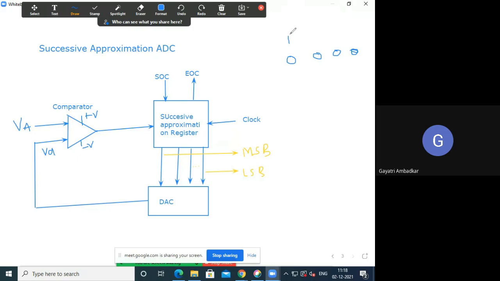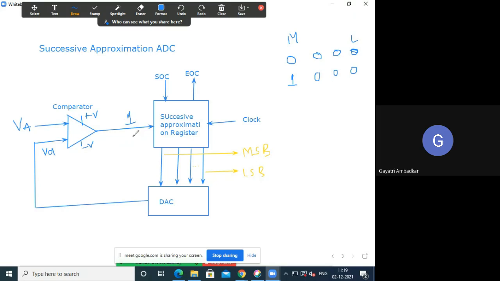This is your most significant bit and this is your least significant bit. When it receives a high at the input, what does this SAR do? It makes its MSB 1 and all others remain 0.